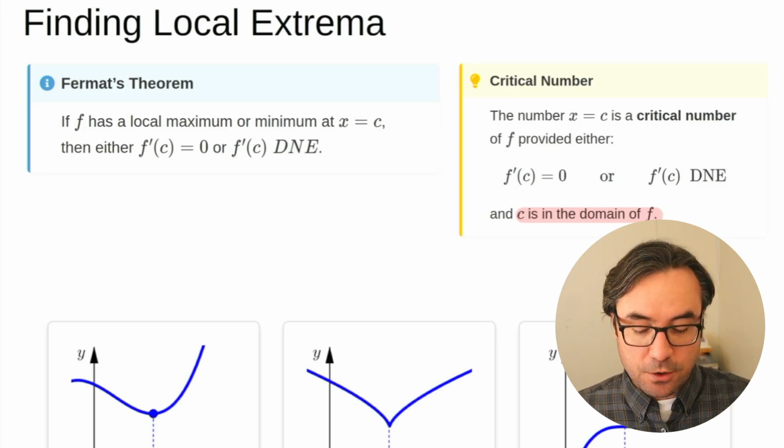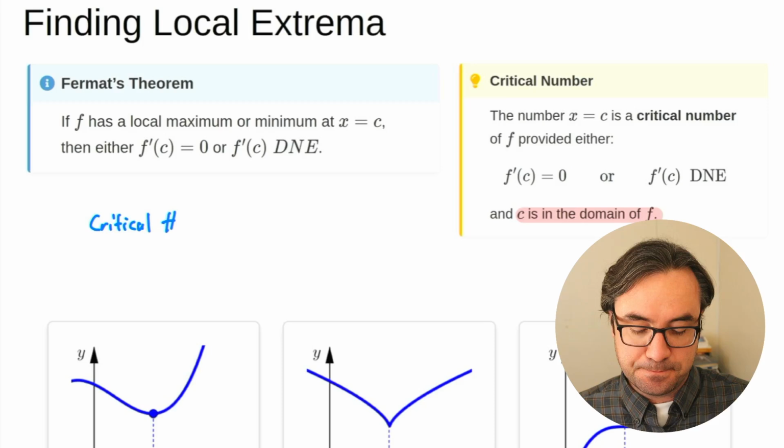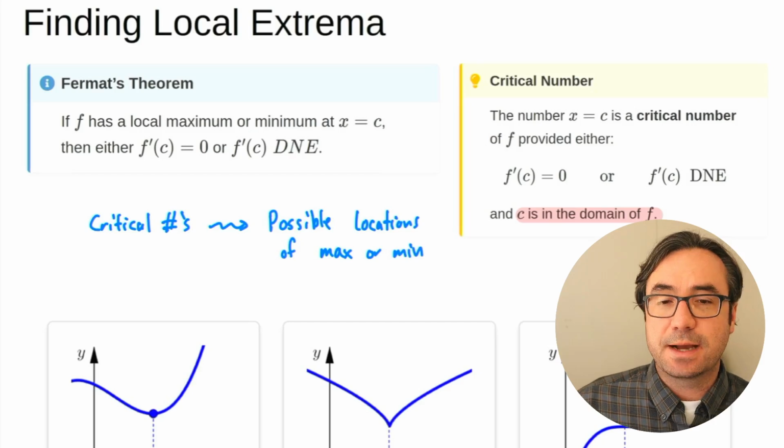So the critical numbers that we find, these are the possible locations of where our function has a max or a min.